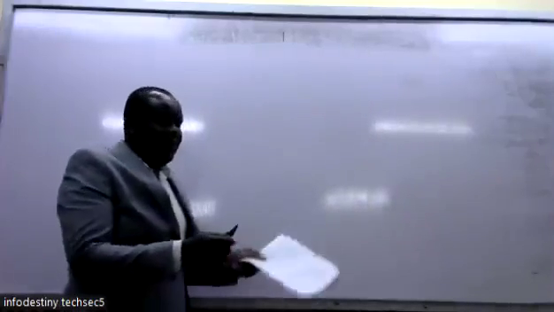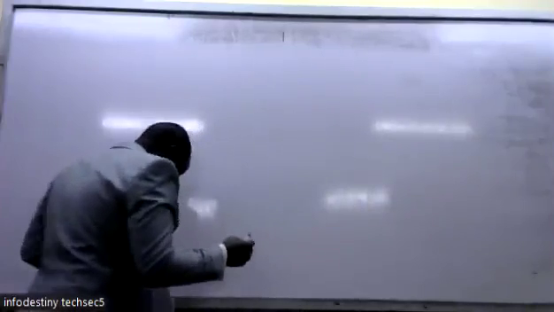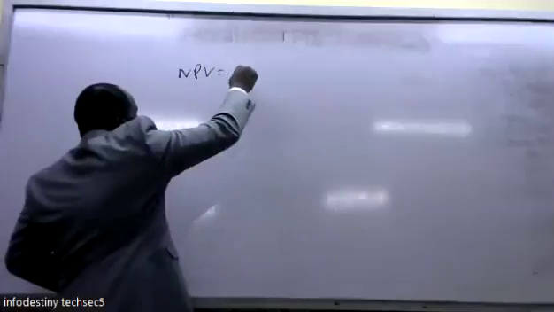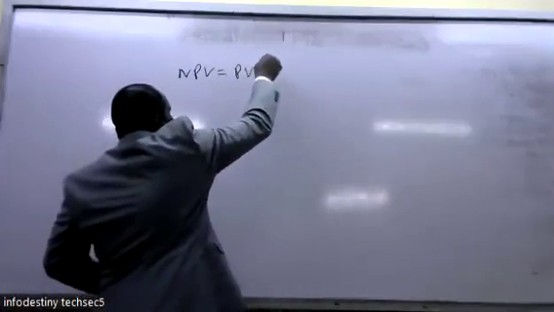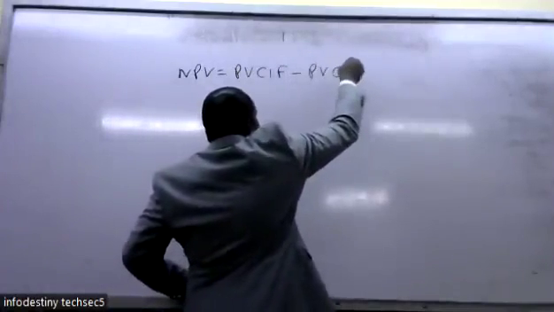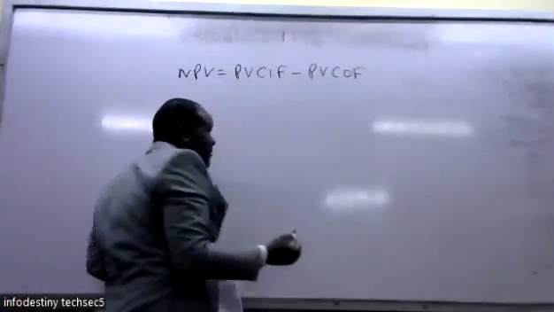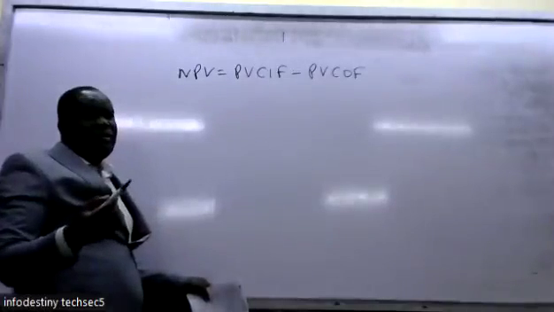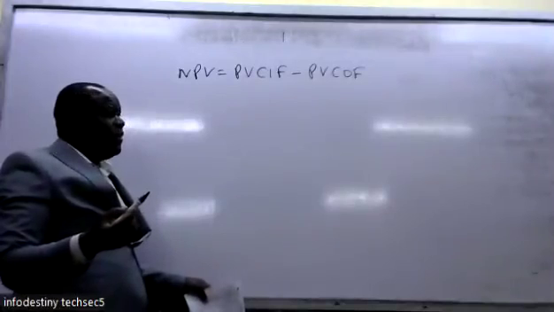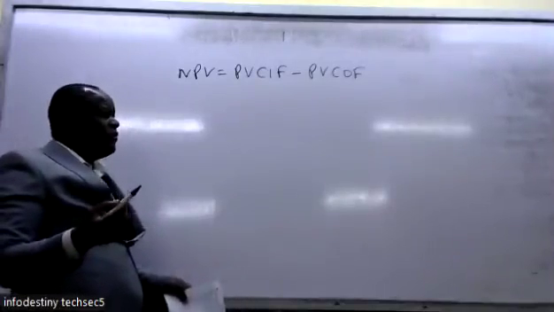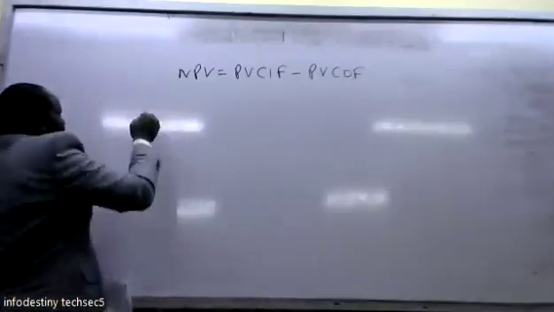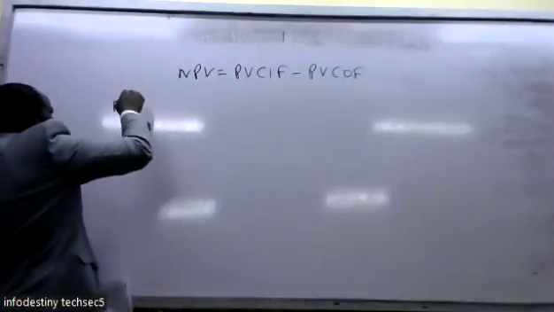So NPV is supposed to be given by present value of the cash inflows minus present value of the cash outflows. Then we need to calculate the annual cash inflows.